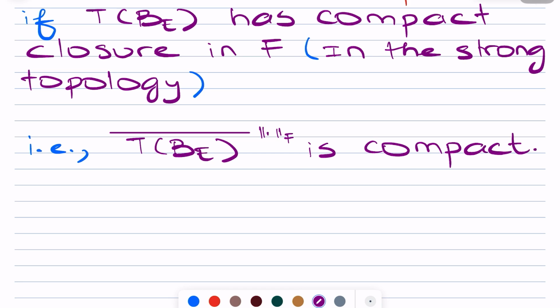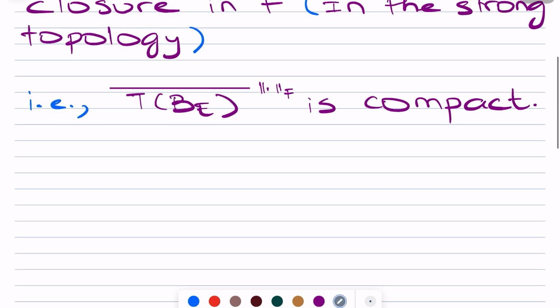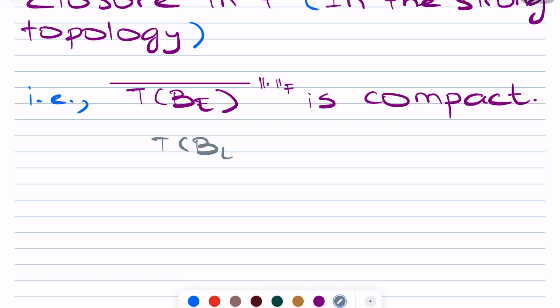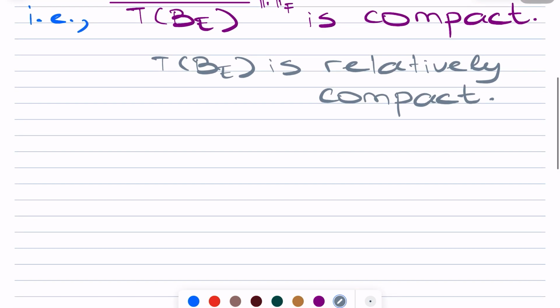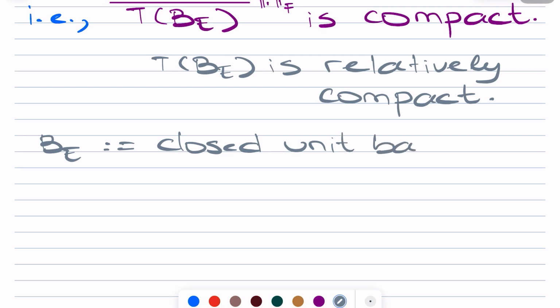You also say that the image of the closed unit ball is relatively compact, where of course, as I said, this is the closed unit ball in E.